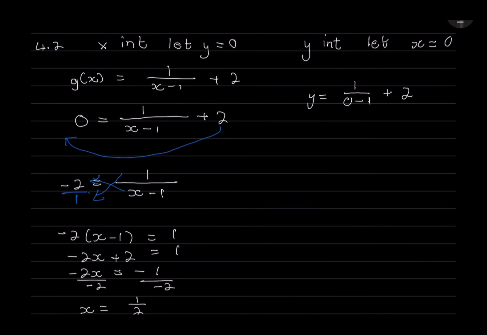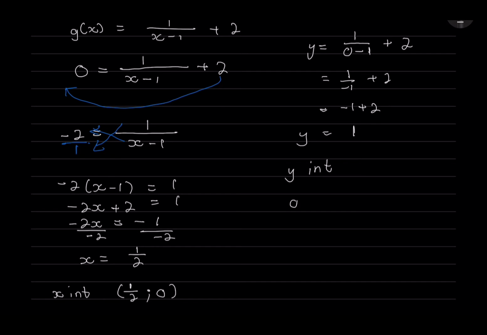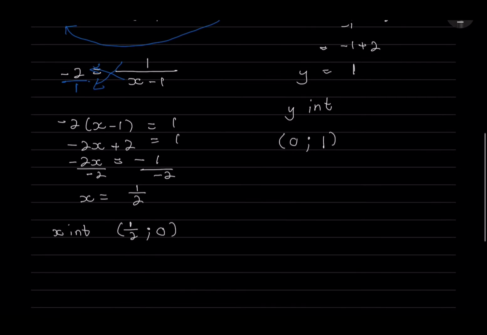And then we are going to solve for our value. So 1 over negative 1 plus 2 is equal to negative 1 plus 2, which is equal to 1. So therefore, our y-intercept will be 0 and 1. We have our two intercepts.